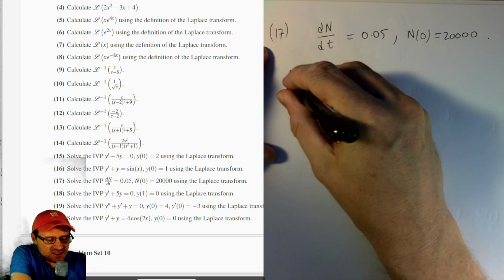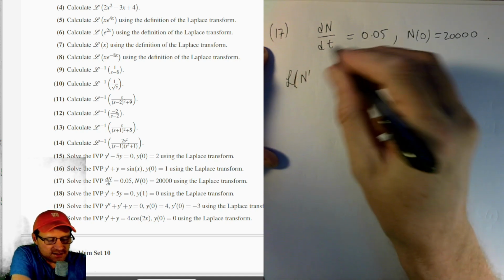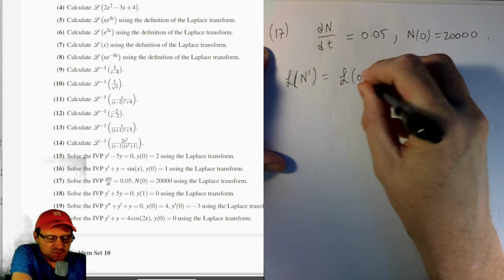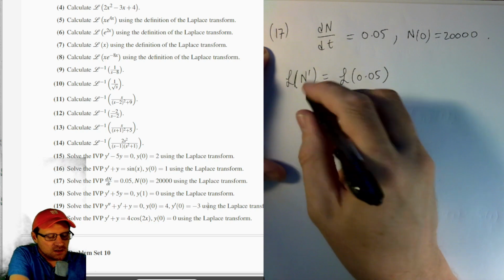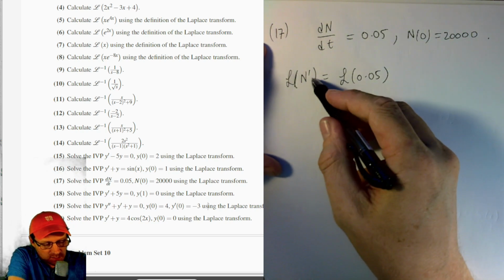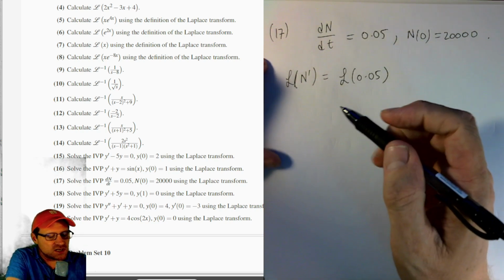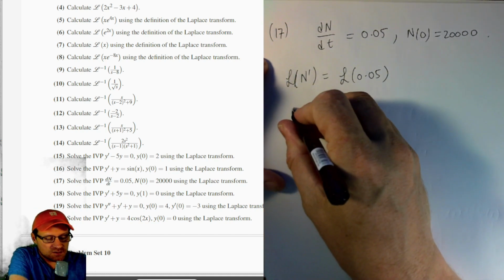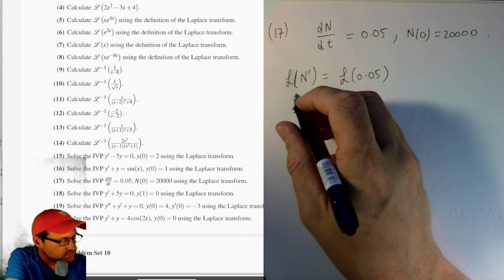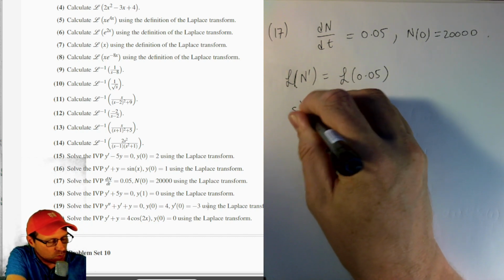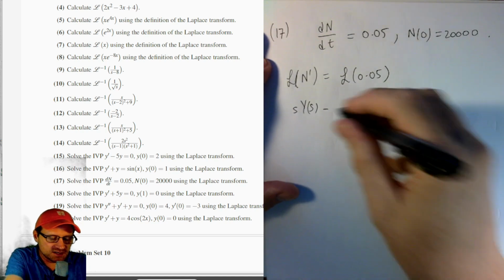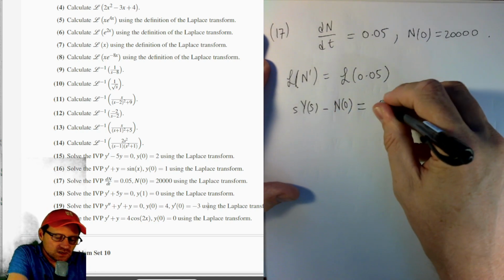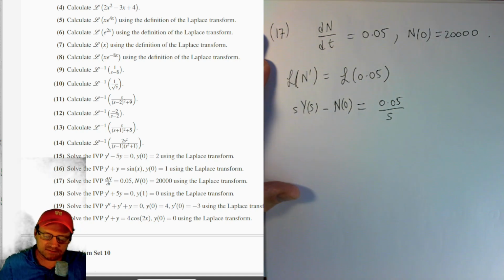So the Laplace transform of N' is equal to the Laplace transform of 0.05. Now I want to write the Laplace transform of N' in terms of uppercase Y(s) so we don't get confused. So then we'll have s Y(s) minus N(0) equals 0.05 over s.